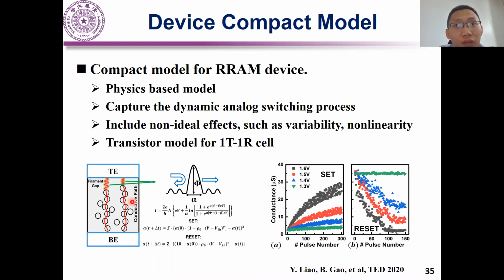The evolution of multiple filaments is caused by oxygen vacancy migration. In this case, we can capture the dynamic analog switching process and its non-ideal effects like variability, nonlinearity, voltage sensitivity, and so on. We also extract a transistor model because our array is a 1T1R array.